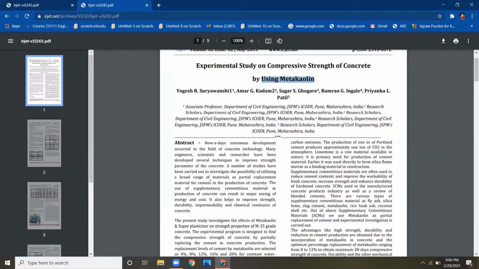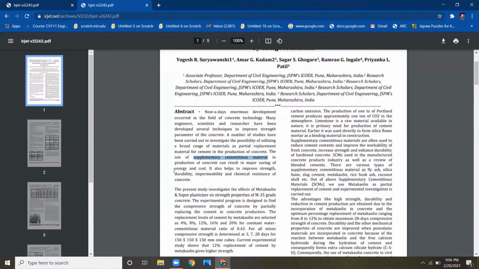A number of studies have been carried out to investigate the possibility and use of supplementary cementitious materials. They use supplementary cementitious material for major savings of energy and cost, and they are saying that if we use supplementary cementitious material as a partial replacement of cement, we will have savings in energy and cost.